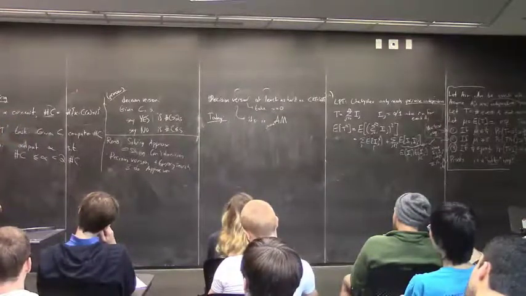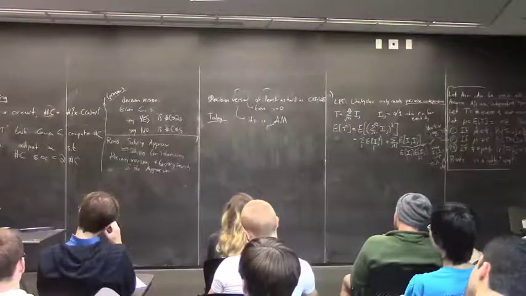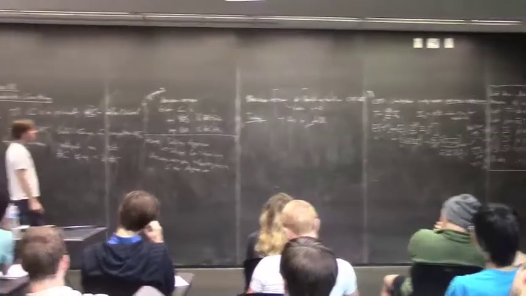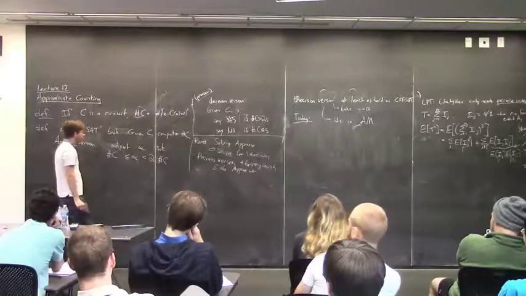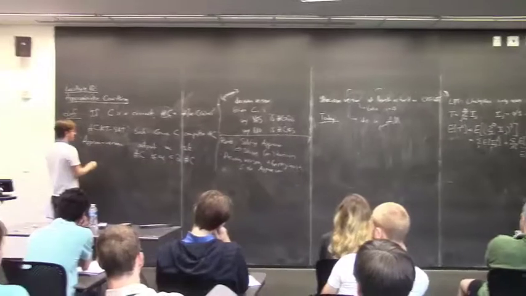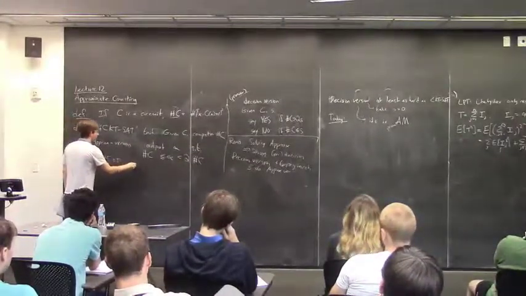So if sharp C is strictly greater than 2S, then it looks like they should fit exactly inside of each other, and right now they don't. Let's say S is 5. So you want to know whether sharp C is greater than or equal to 5 or less than 10?